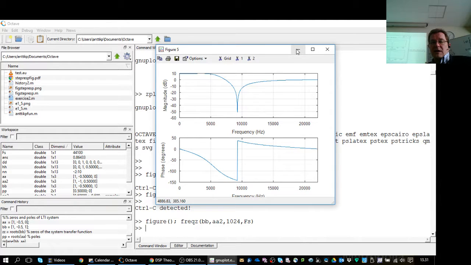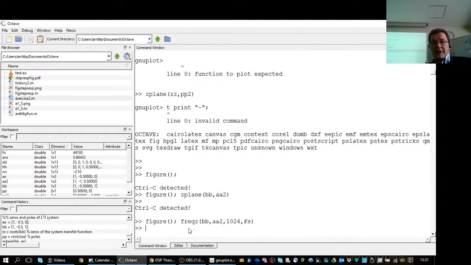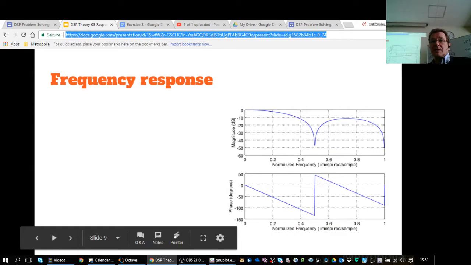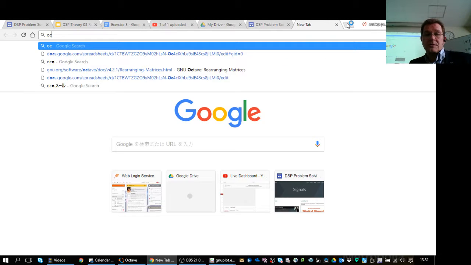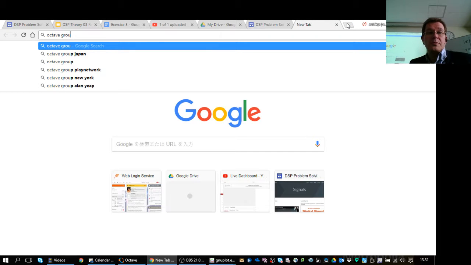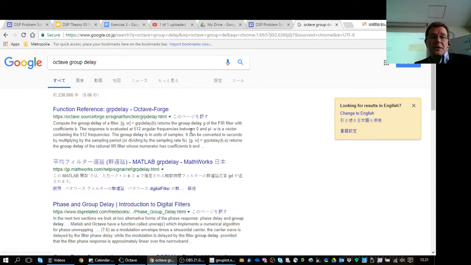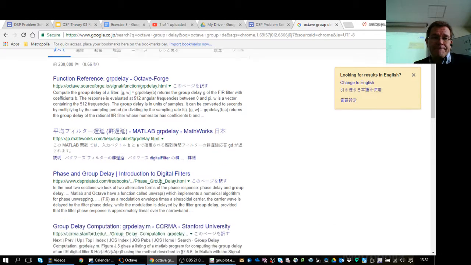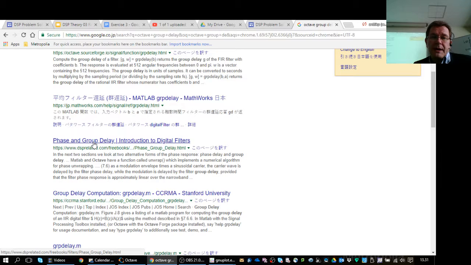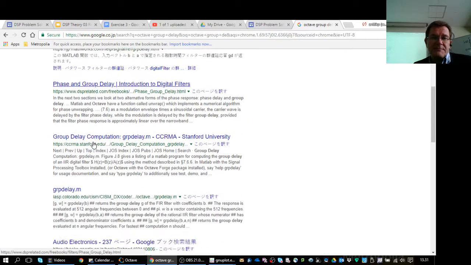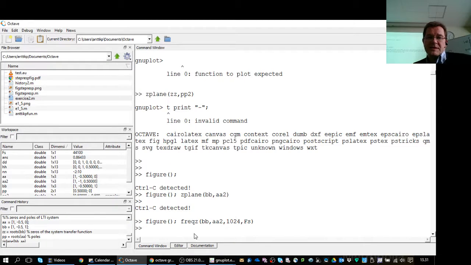Let's next analyze the group delay, but for that one, I think I need to Google a little bit. Octave group delay. Compute group delay. Oh, grpdelay. Maybe not. Maybe yes. Let's take help. Help grpdelay.